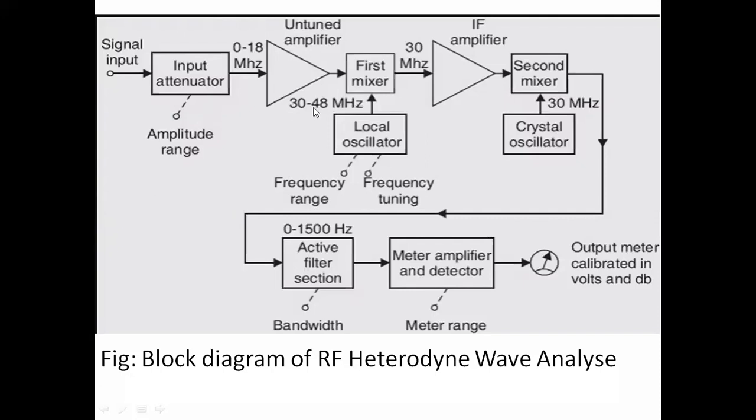Suppose there is a 30 to 40 range. First we choose that particular range, and within that range we choose the 35 megahertz frequency. That is done by the frequency tuning knob. With this we can select the particular frequency to be generated from the local oscillator.